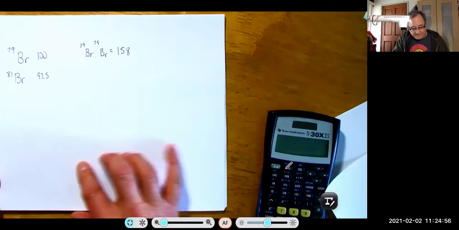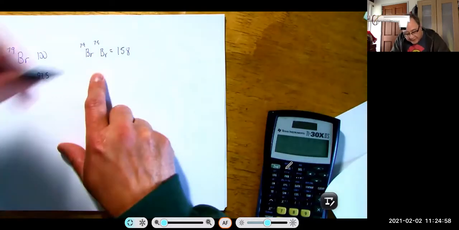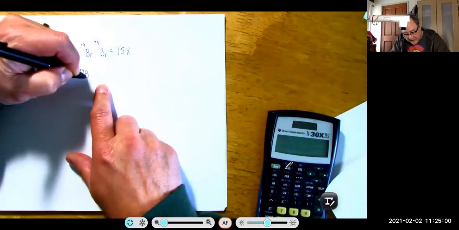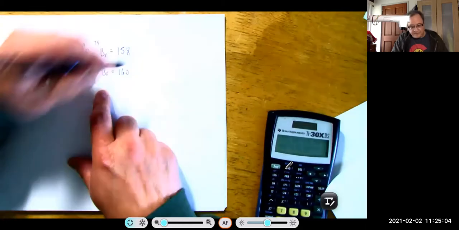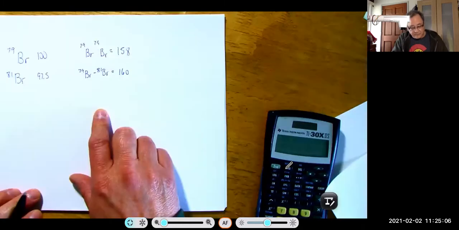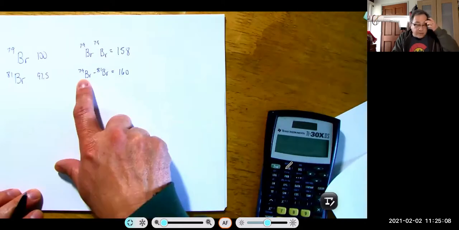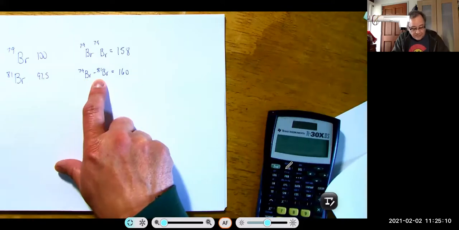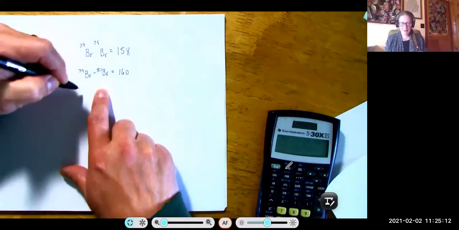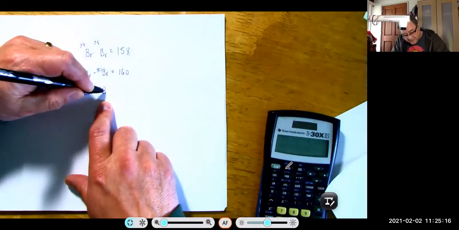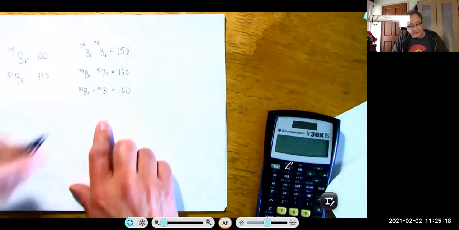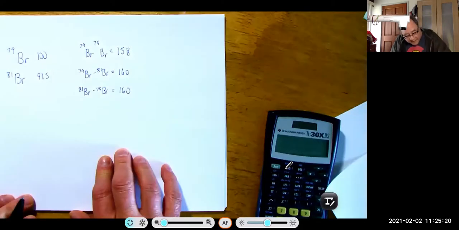We do, right? Do we know we can have a 79-81? We do, don't we? But we also know we could have an 81-79. And we could have an 81-81.